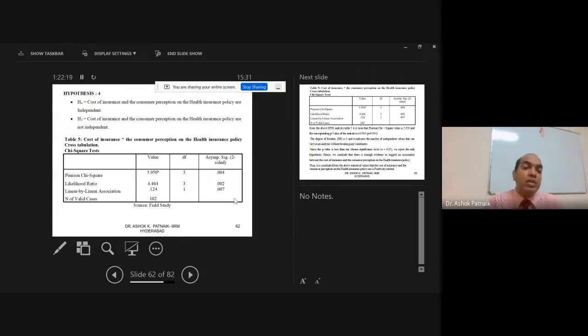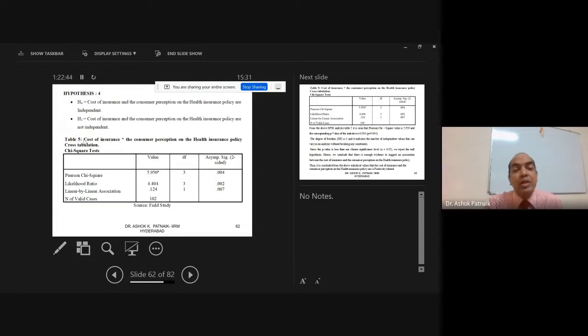Here you can see there are two different hypotheses: the null hypothesis and the alternative hypothesis. And the table after that is generated by the software. You try to give a heading on the table based on the question which you have asked the respondents, or it should be based on the hypothesis.